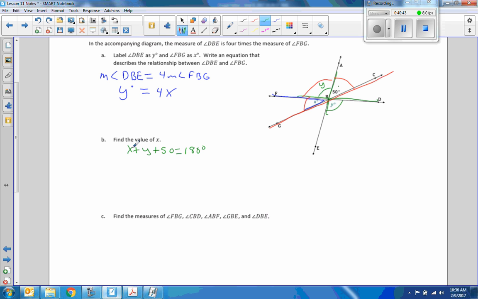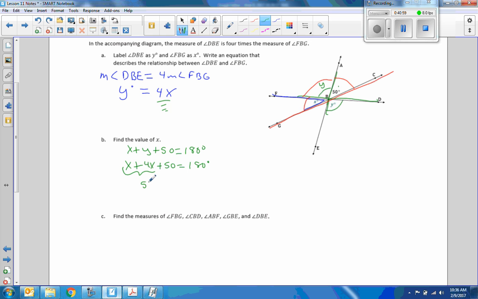So that's x plus y plus 50 equals 180. But I have two unknowns and I can't solve for two unknowns. But I know y equals 4x. So instead of saying y, I'm going to substitute in: x plus 4x plus 50 equals 180 degrees.